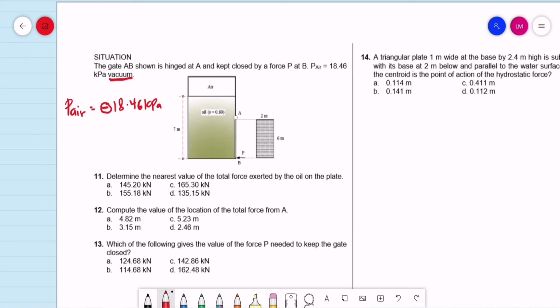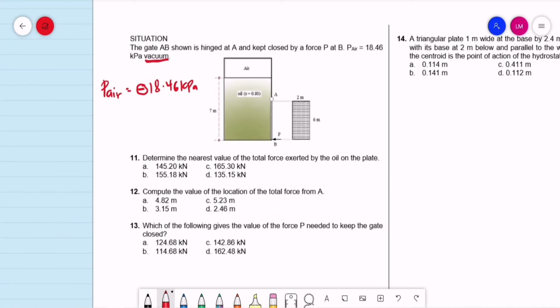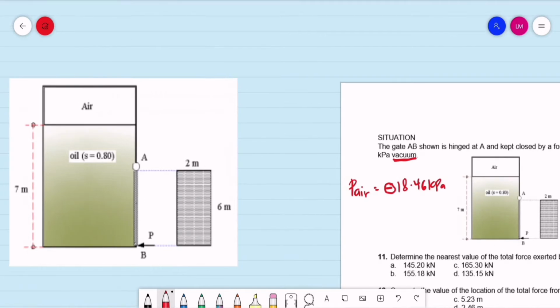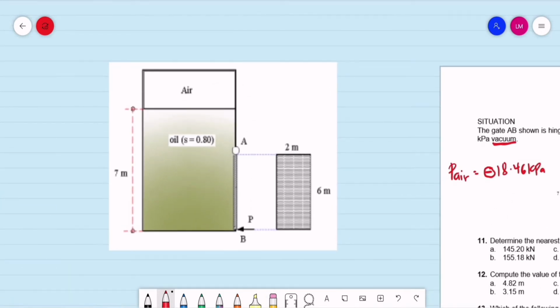Okay, question number 11. Determine the nearest value of the total force exerted by the oil on the plate. So hinahanap natin dito sa number 11, let's say this is the total force exerted by the oil on the gate. So yung gate natin is 2 meters by 6 meters.